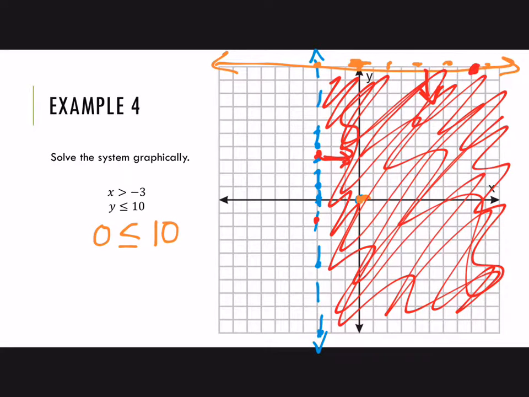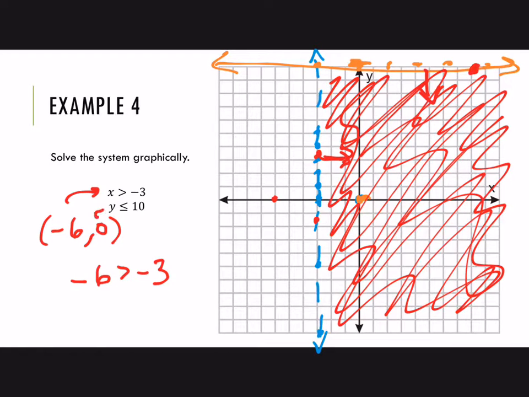Let's test one more point just to make sure, and let's pick one that's not shaded. So let's go all the way to -6, 0. How about that one? To test it, let's put -6 in for x in the first inequality. -6 is greater than -3, that is false.